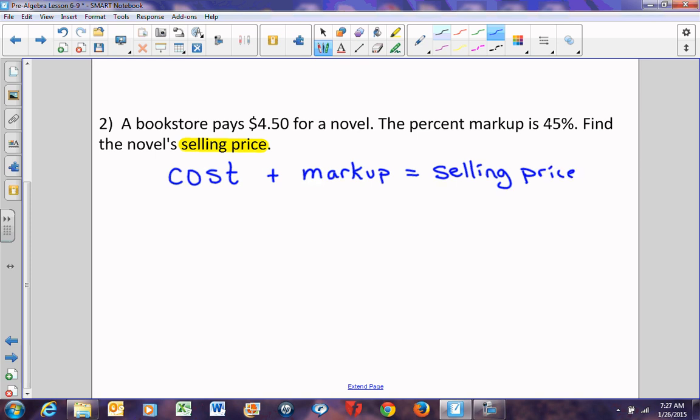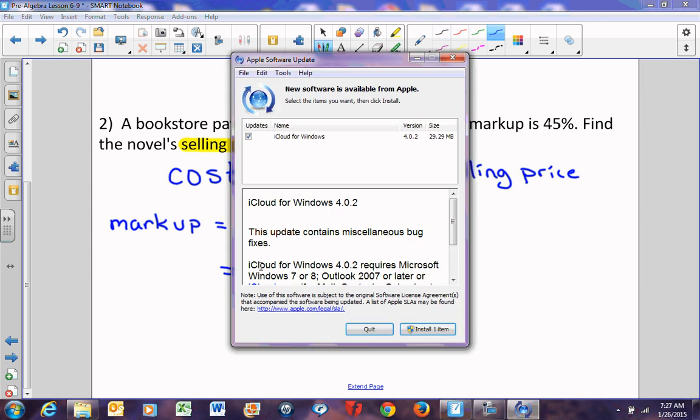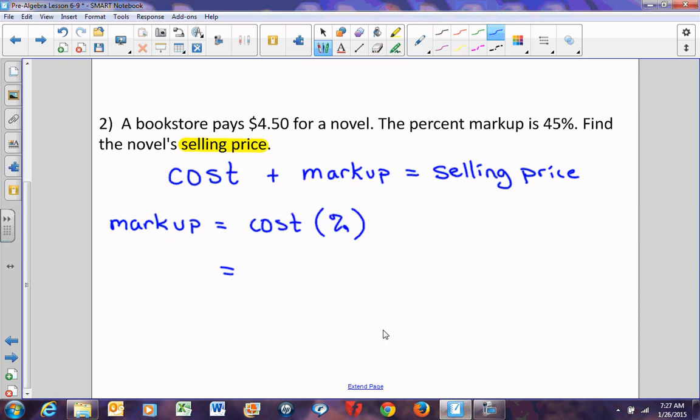And remember, markup is equal to cost times the percent. Okay, so first thing we have to do is find our markup. So the cost of the novel is $4.50. The percent of markup is 45%.